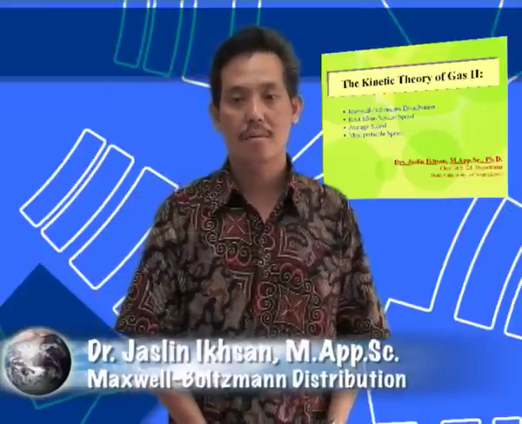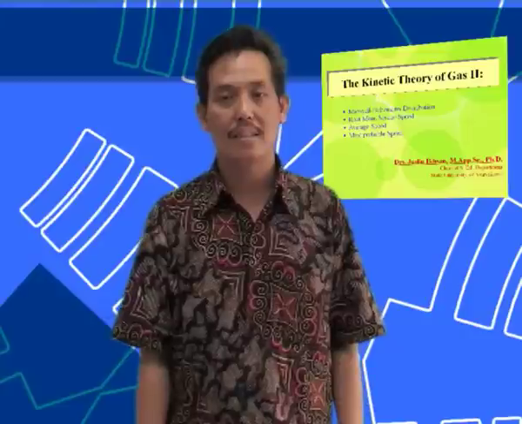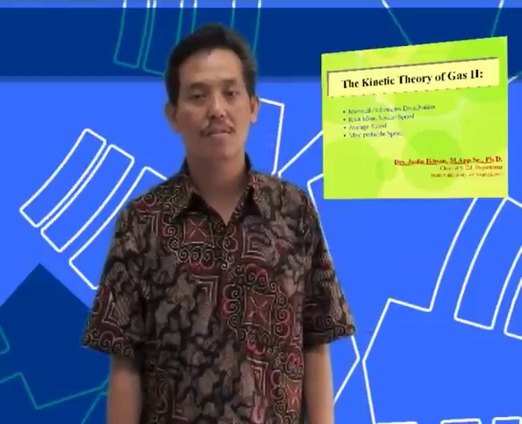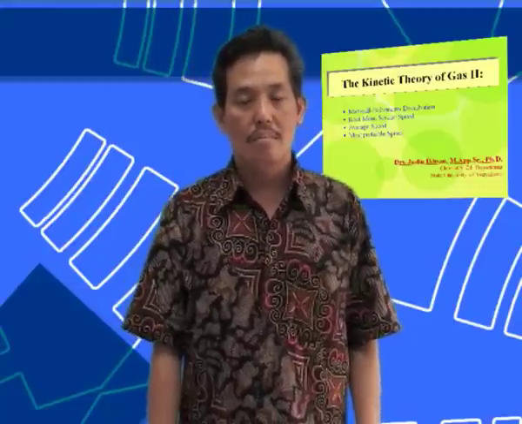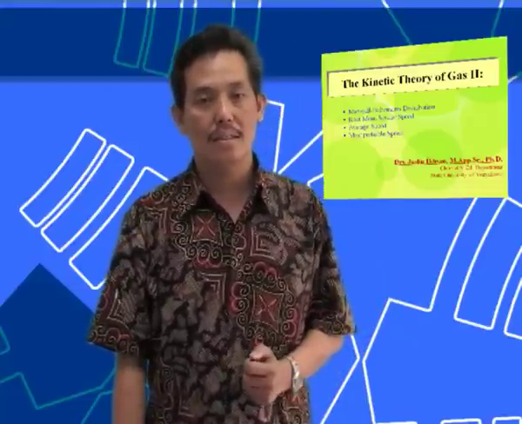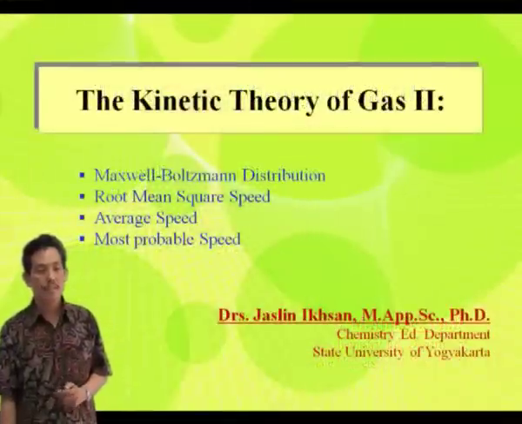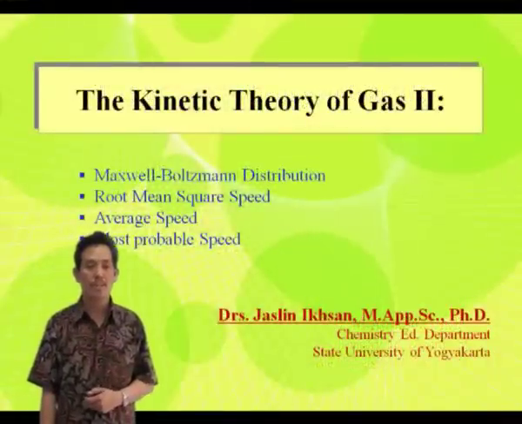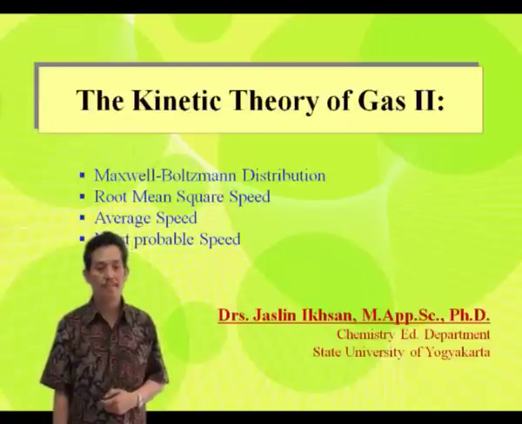This time we would like to discuss the kinetic theory of gas, second part, on Maxwell-Boltzmann distribution. By understanding and learning Maxwell-Boltzmann distribution, we can calculate root mean square speed, average speed, and most probable speed.